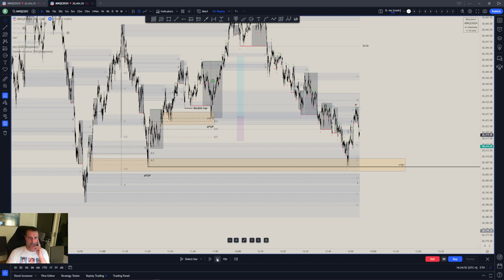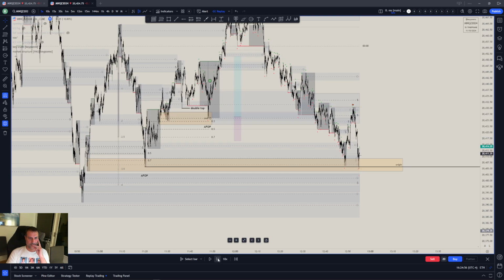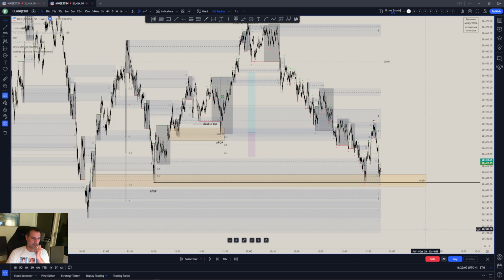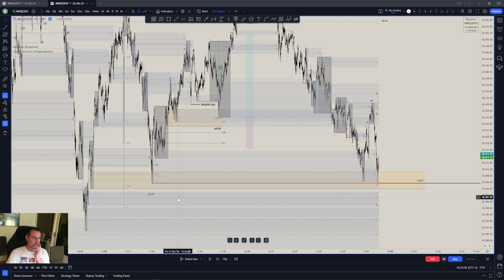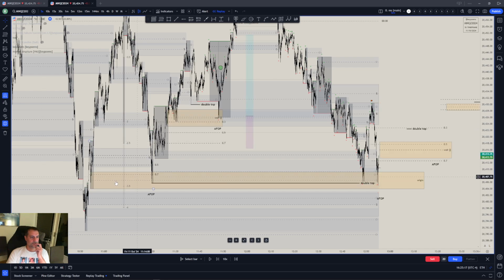It's 1. All right. So this is a setup at an origin. Origin of this zone, tapped it once, and then we come back and we do a double bottom.